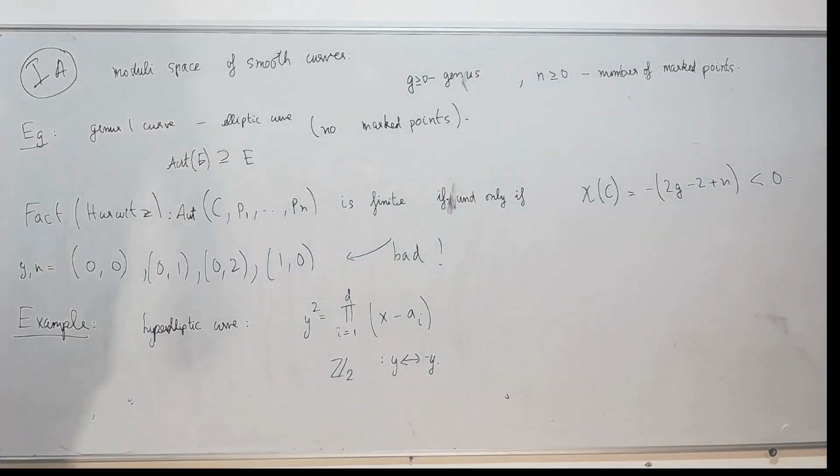Okay, so in general, points in the moduli space will still have automorphisms even if you throw these out. And we will have to deal with that.